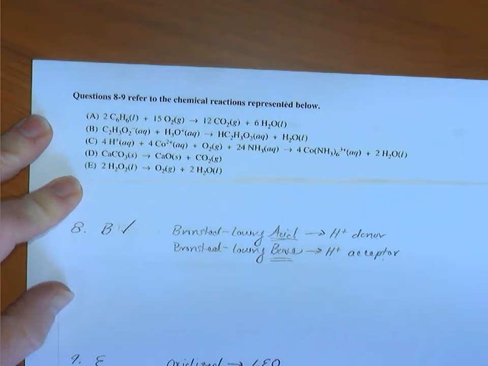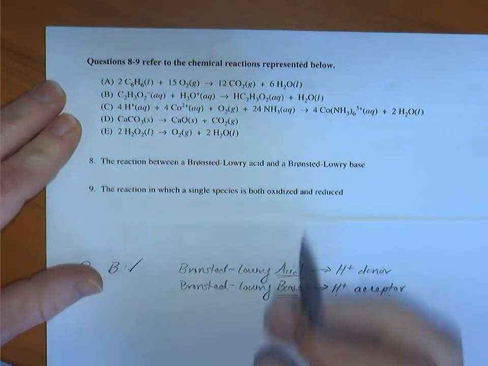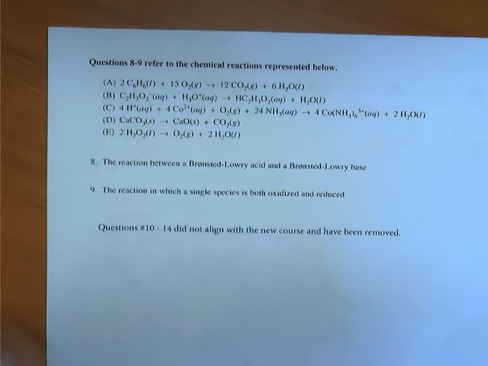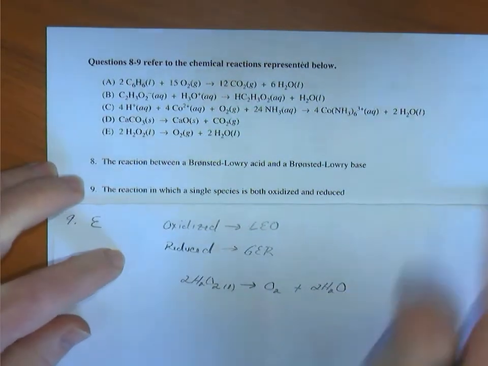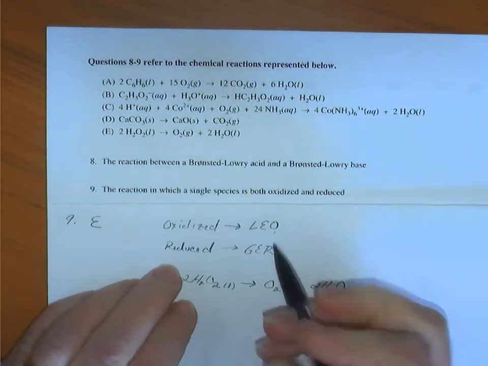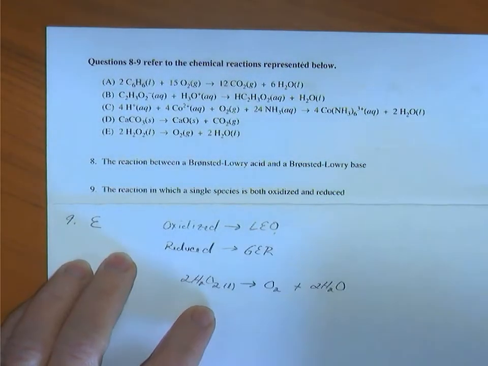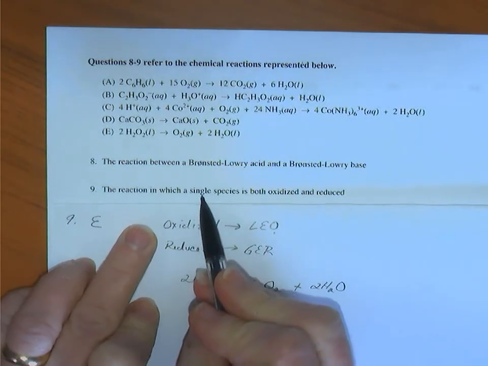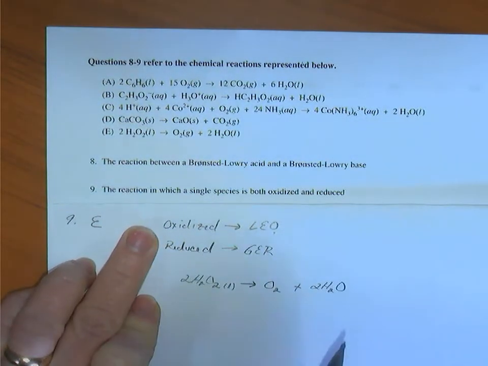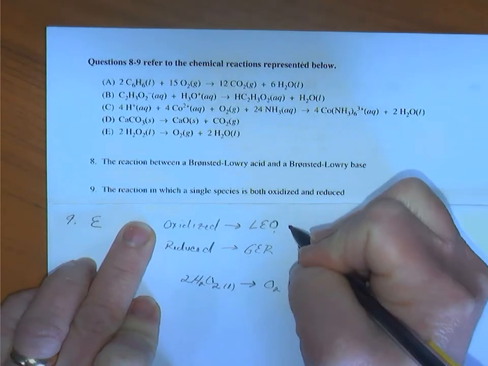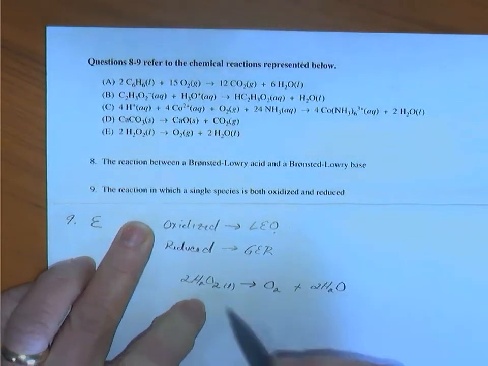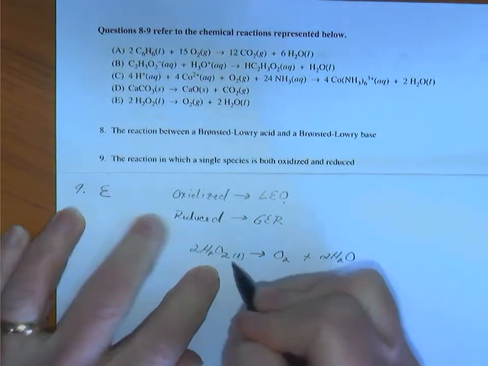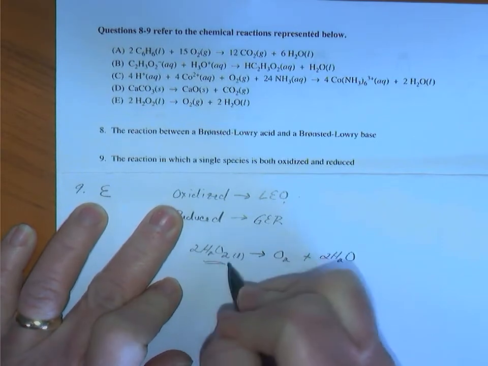If we remember, if it is oxidized, that is a species that is losing electrons, Leo, and reduction is gaining. Plus the hint, it's a single species, so it's the same reactant that's undergoing the oxidation and the reduction. In E, this is the odd time.